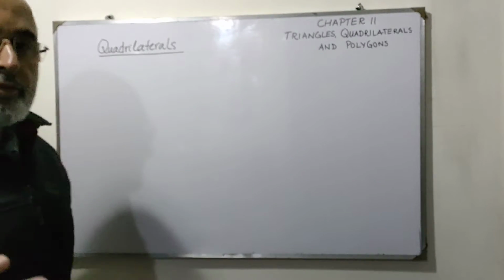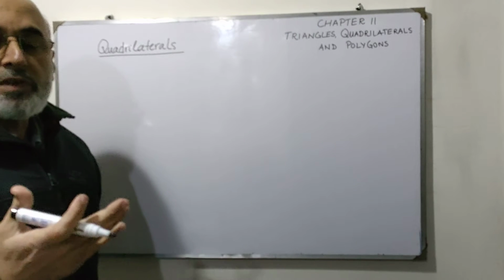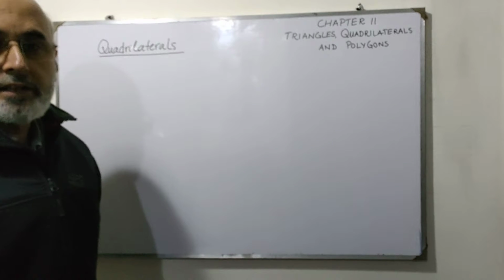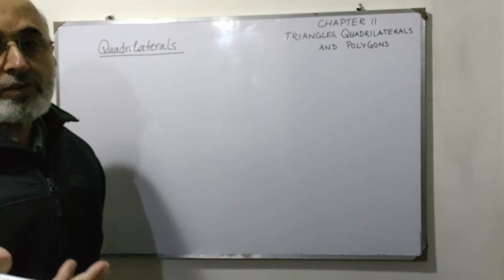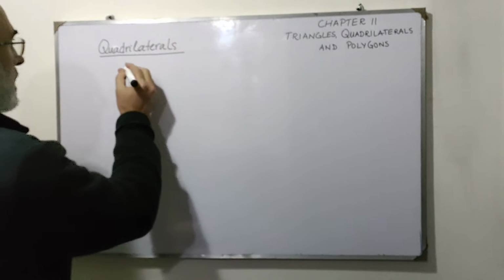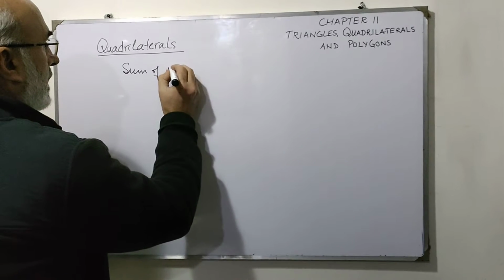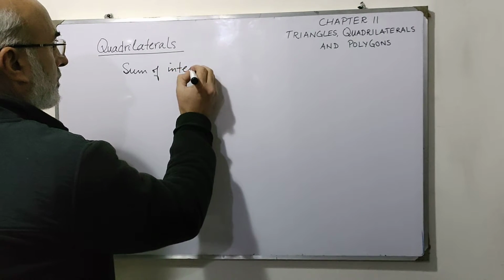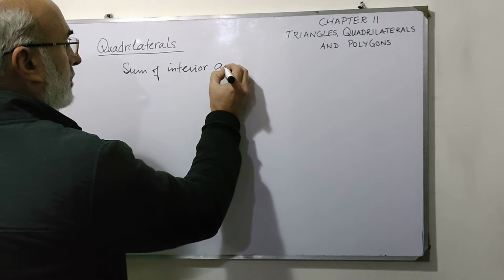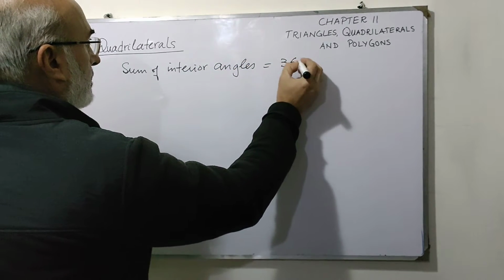And the first thing, in triangles, what we did was the sum of interior angles equals 180 degree. But in case of the quadrilaterals, sum of interior angles equals 360 degree.